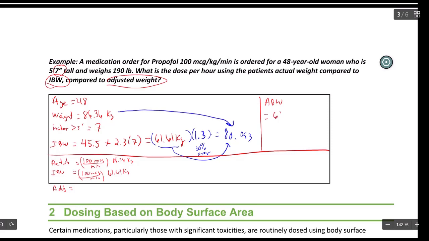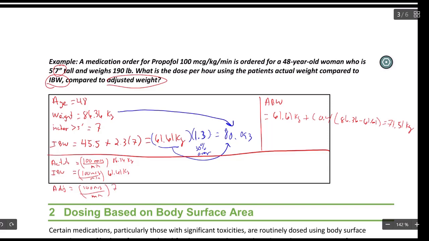And then we're going to add to it 0.4, remember, because it's 40%, times the difference between their real and their ideal. All right. When we do that, we get 71.51 kgs. All right. So their adjusted weight would be the same rate, 100 micrograms per minute. And this time we're going to multiply by 71.51 kgs.